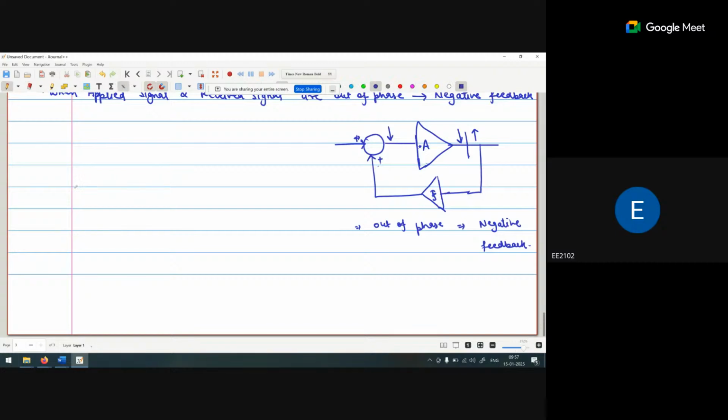If it is increasing, it is increasing, it is increasing, but when it is multiplied with minus A, it will be decreasing. So again it is out of phase. So it is also a negative feedback.